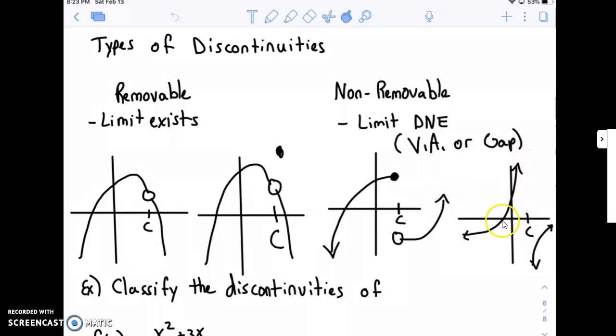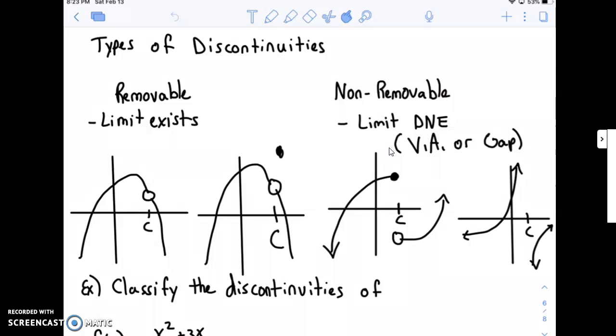So vertical asymptote, or if you have one of these piecewise functions where it's changing from one function value over to another one, right? So they're not connected. And those are called non-removable discontinuities. They're defined by the idea that the limit doesn't exist.